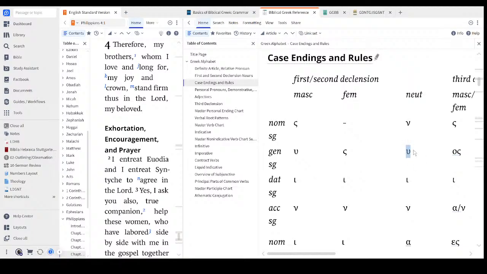Just keep that in mind, that if all you have is the Greek, the upsilon can either be masculine or it can be neuter. Now the feminine is, and this is all for singular. And we're going to see some searches and some other things that are going to bring this out.